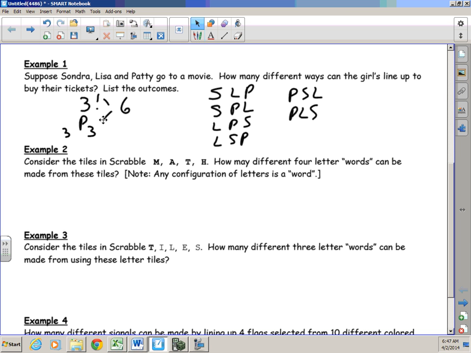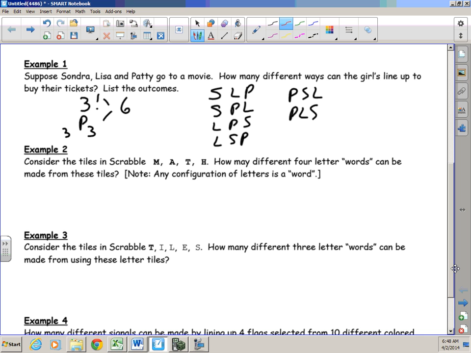Just to demonstrate why this works in the way we're talking about. The key is that you recognize that each lineup is different. And one of the things I'll talk about is what are the key buzzwords to recognize. All right. I have the letters MATH, and I want to know how many different four-letter words.